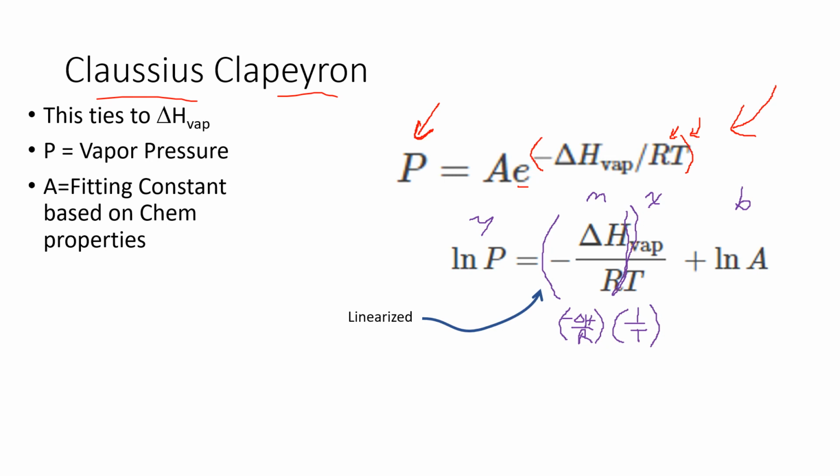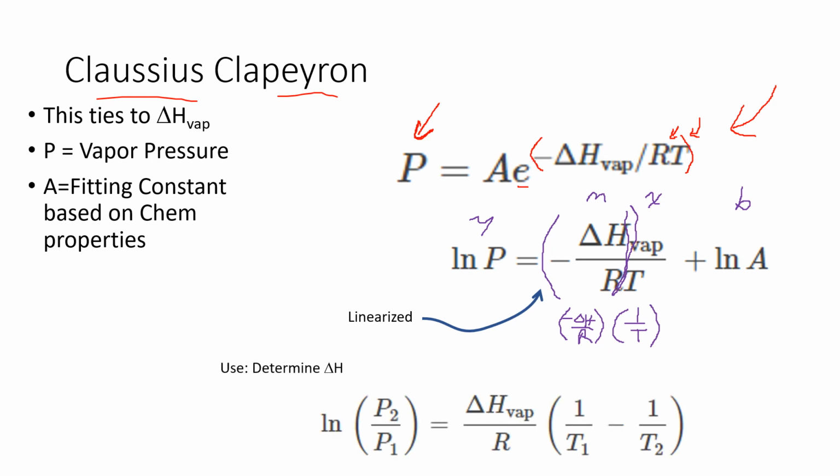It's much easier to manipulate and try to tease out the variables from this. We can do several things, like look at two different temperatures. This is how the delta H of vaporization is often determined: one at one pressure and another at another pressure. Just write the same thing underneath it. So you've got P2 over P1, and then take those natural logs, and you end up with this form right here.